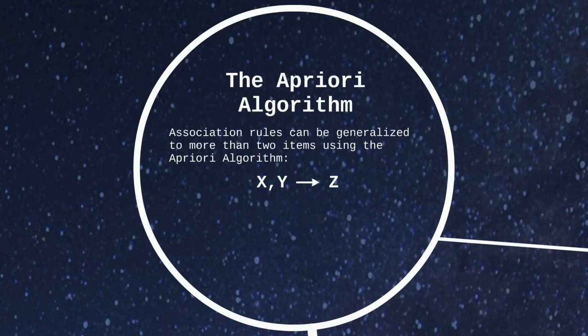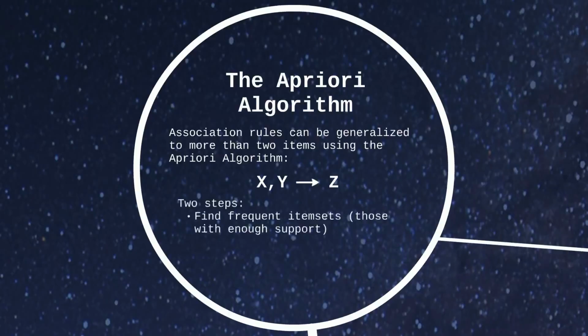So this algorithm is going to look for all item sets, all groupings of items that go together, and then try to split them into an antecedent and a consequent and return those that have enough confidence. And again, the support level and confidence level are going to be set by whoever is developing the algorithm to look for these items.